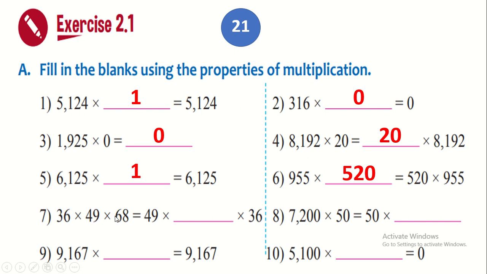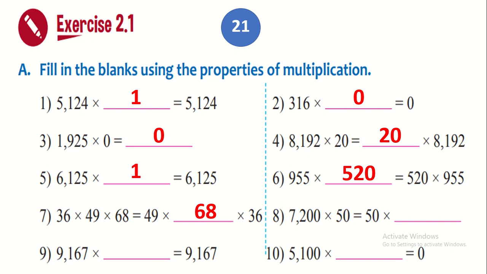Okay, number 7. 36 times 49 times 68 is equals to 49 times what number here times 36? Different position. The missing number here is 68. You have 49, you have 36, and then the only missing number here is 68. Okay, the position changes, but the same answer.